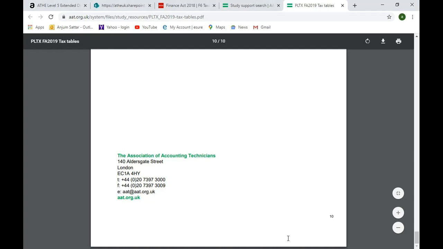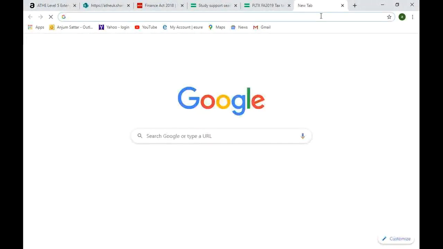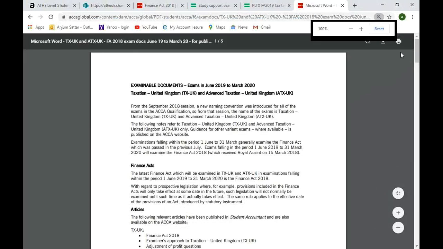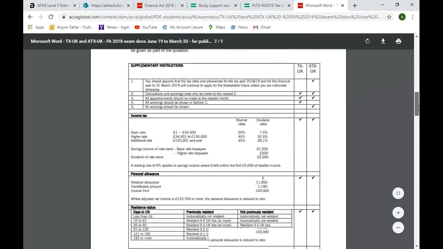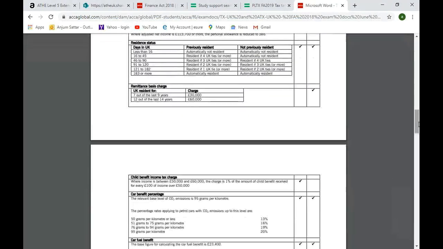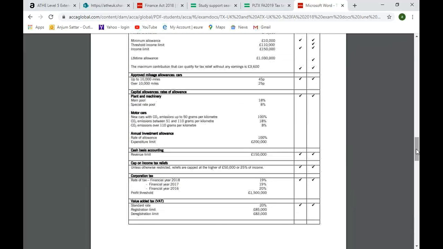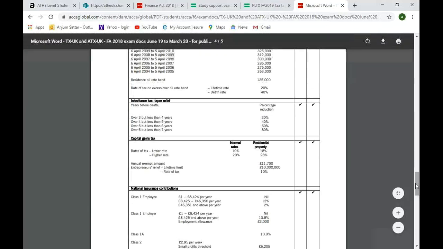Further, I copied the link where all the corporation tax and personal tax rates are, because we have two taxes: one is on the individual, one is on the companies. So if we look here, we can look around the corporation tax, income tax, personal tax. That's capital allowance we need to go through.